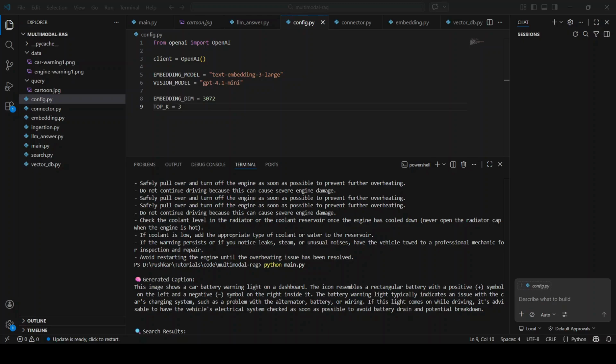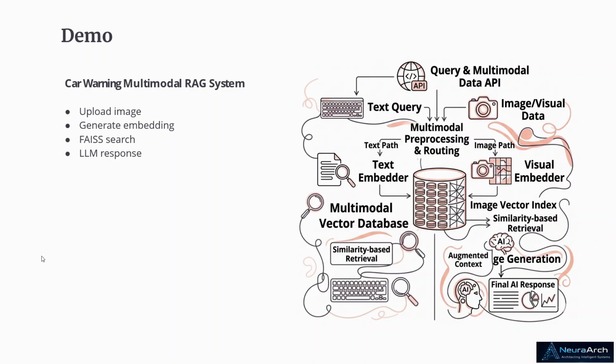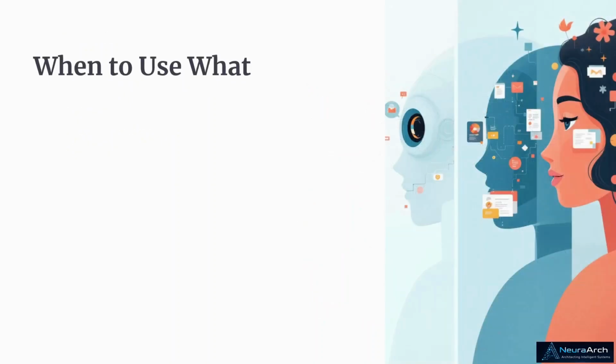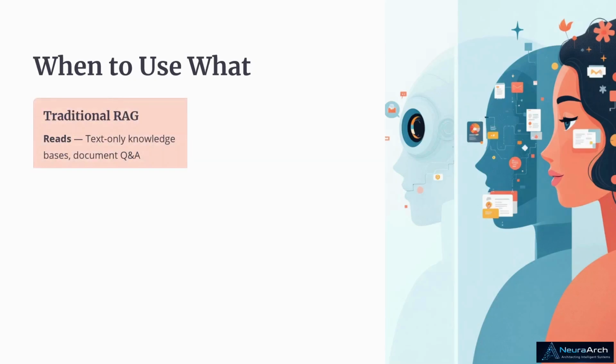Now we will see one of the important points, which one to choose when. We are now aware of three types of RAG. The first is the traditional RAG, the second is agentic RAG, and the third is multimodal RAG. So traditional RAG fits when you want to process text knowledge only, or documents, PDFs, guides, manuals, right?